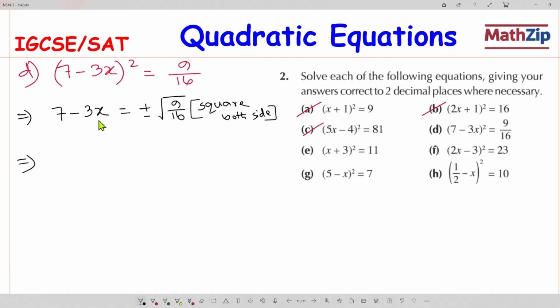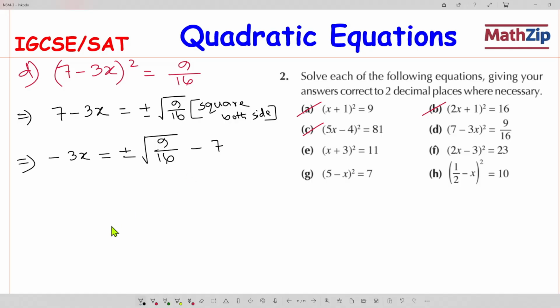So in this one we subtract 7 from both sides. So minus 3x equals plus minus root over 9 by 16 minus 7.